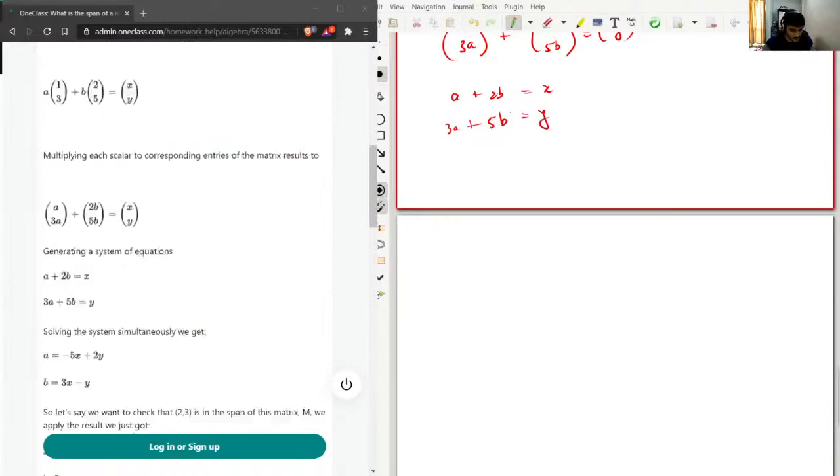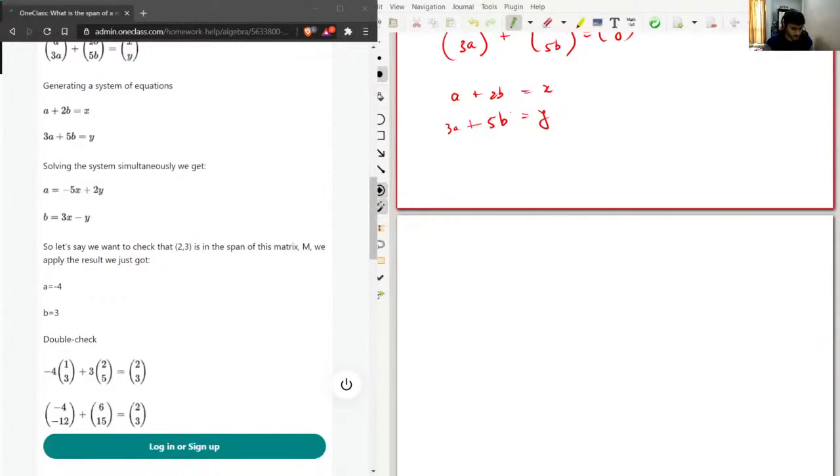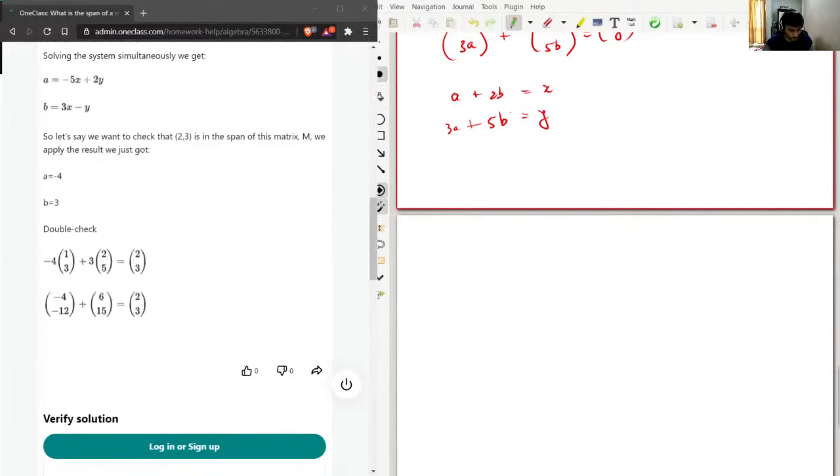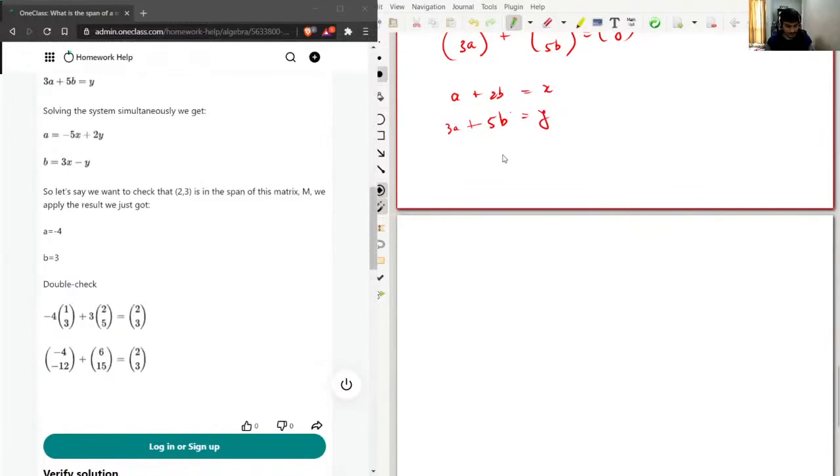Now let's see what they are doing here. They are solving these equations for a and b.